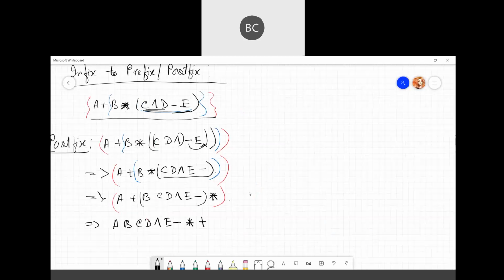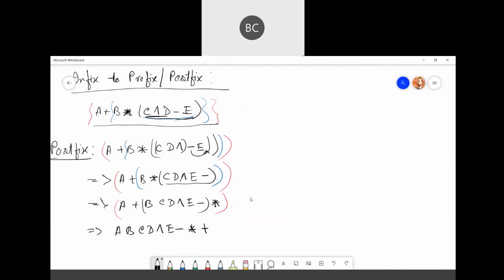Now what is the prefix? We have to bring all the operators before the operands.